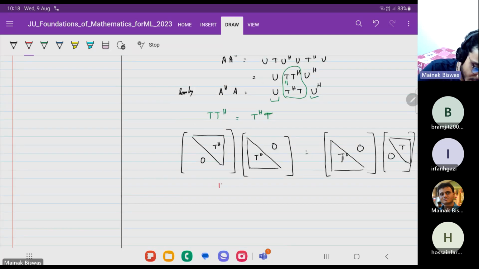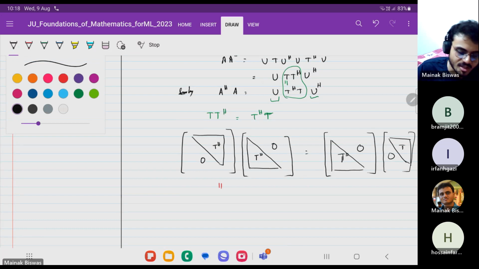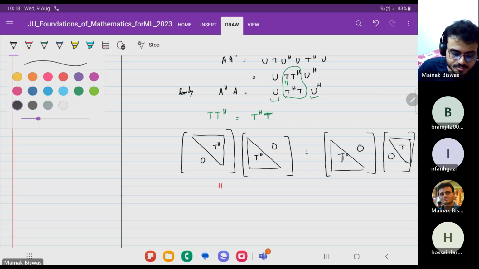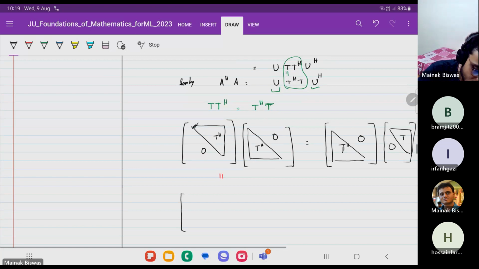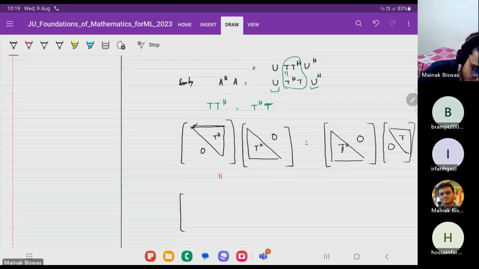So what is T T Hermitian? Can you tell me? What are the elements of T T Hermitian? So the first element, do you see, is this sum? Yes or no? Correct? So you have say T11, T12, dot dot dot T1n, right?